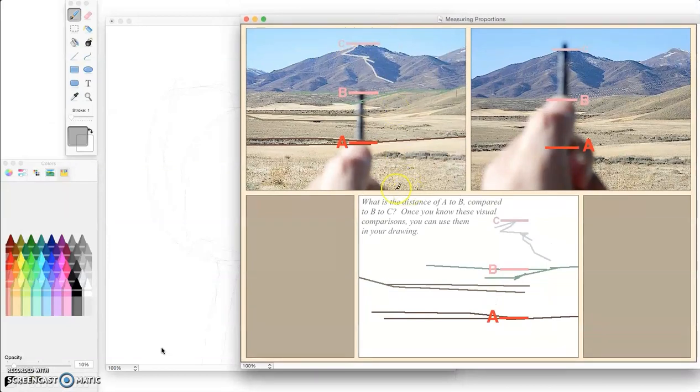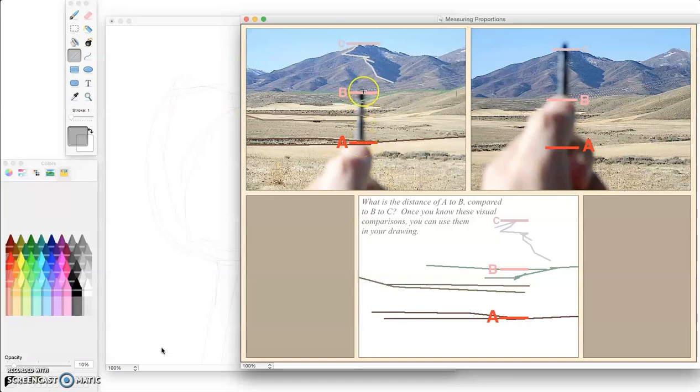Now what I'm showing you is measuring proportions. What we're having to figure out here is the difference between point A to point B, from B to C. I have my tool, and I put my thumb along the length of it and place the tip of it at my other point.